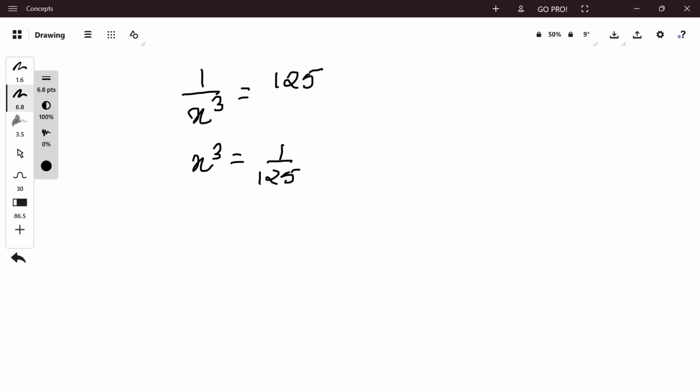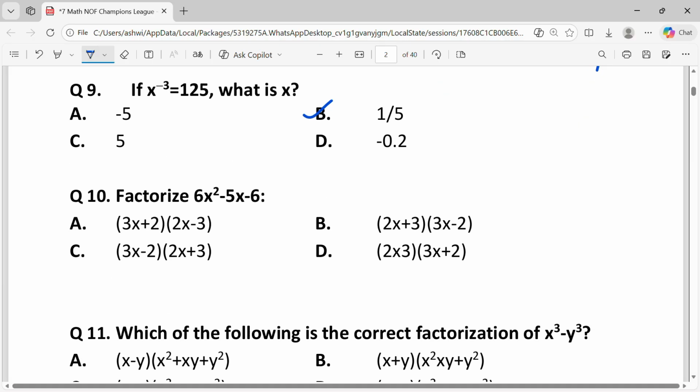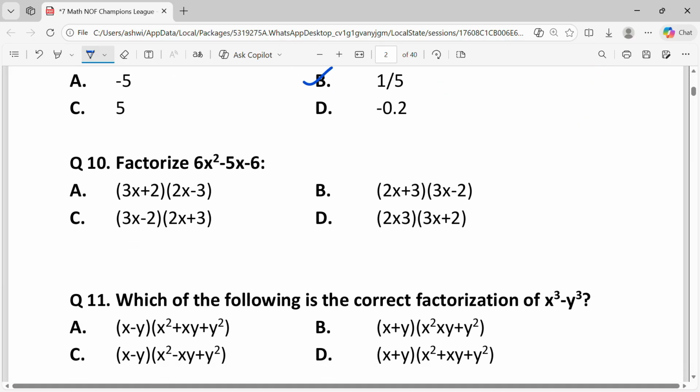Rearranging the equation to solve for x cube, that is x cube is equal to 1 upon 125. So x is equal to cube root of 1 upon 125, that is equal to 1 upon 5. From the given options, the answer is B, 1 upon 5.